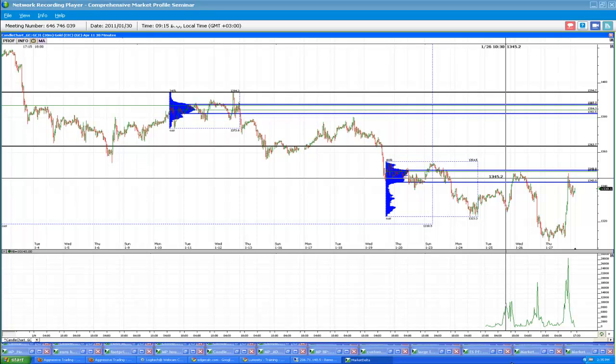Why not, Jim Powell? Right, because it's likely to go to the HVN. Okay, so that's how you use the big picture to guide what you're doing in the little picture. So there's no reason to be aggressive right now.